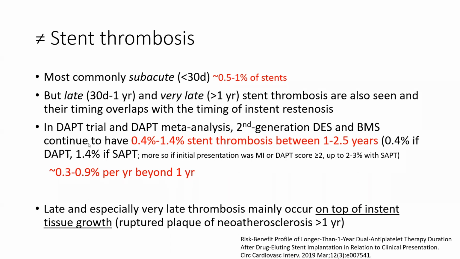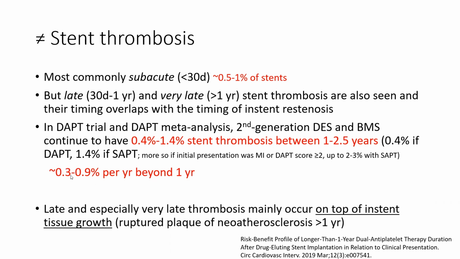In fact, what's the frequency of very late stent thrombosis beyond 1 year? To my surprise, in the most important trial, the DAPT trial, the risk of stent thrombosis beyond 1 year with DES and even BMS was about 0.3 to 0.9% per year beyond 1 year.